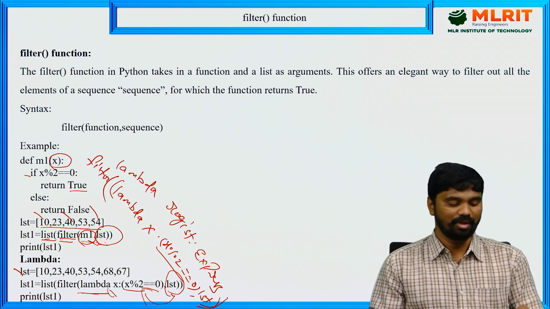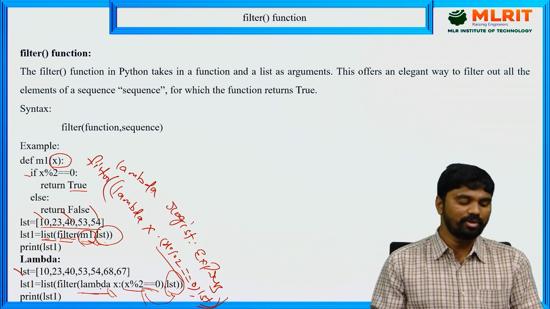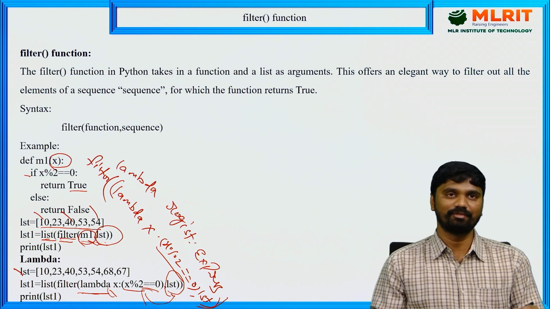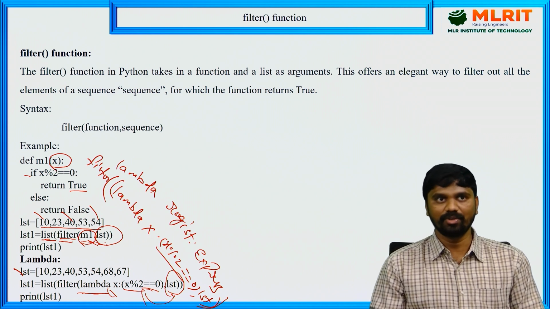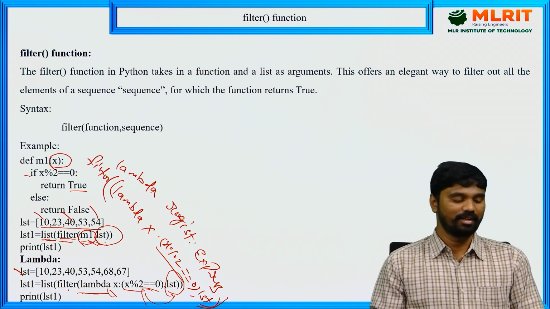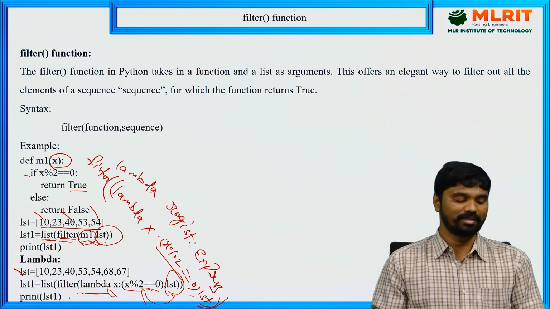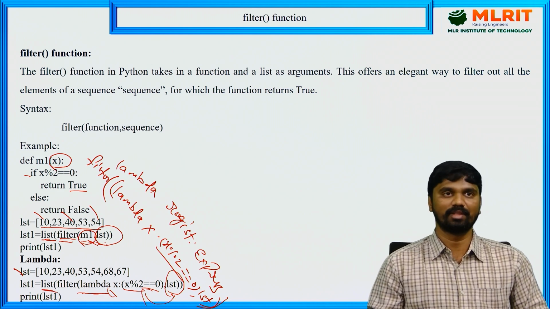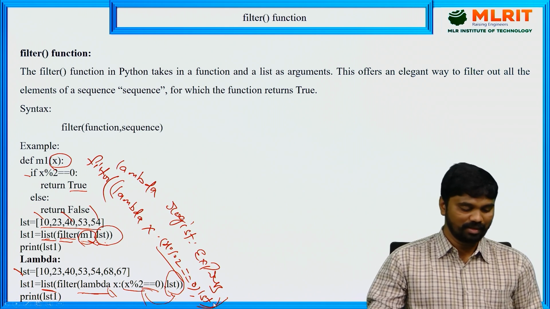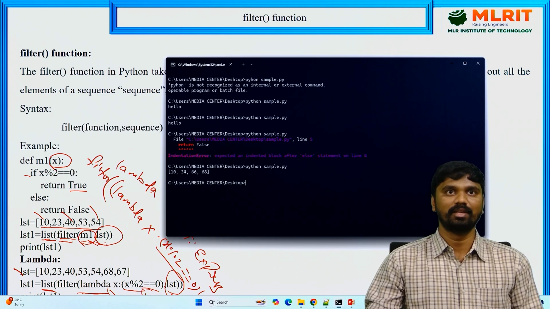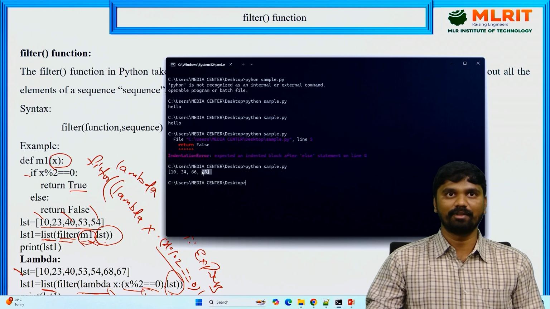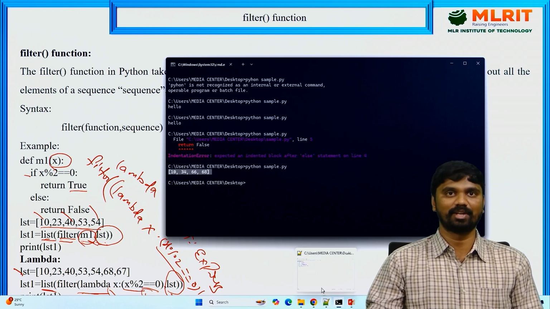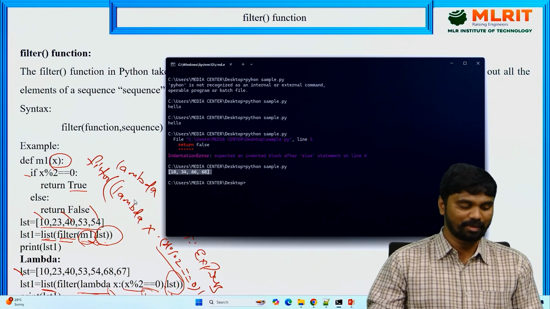That value is stored into this lambda, and then by using the filter function, the values that get true are filtered, and those values will be printed in list type. Whatever the filtered values are, they are in list type only.